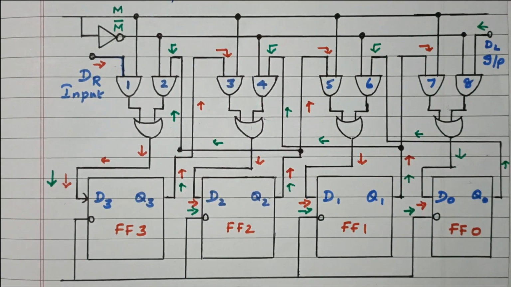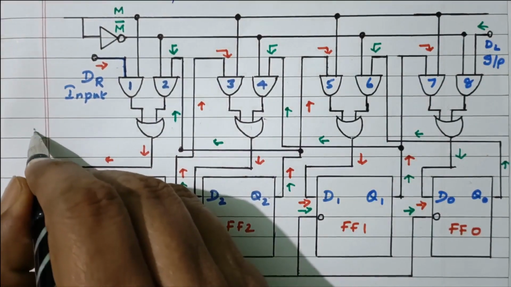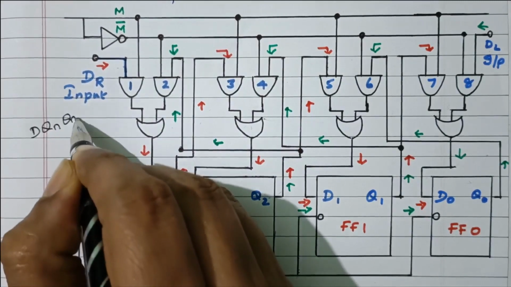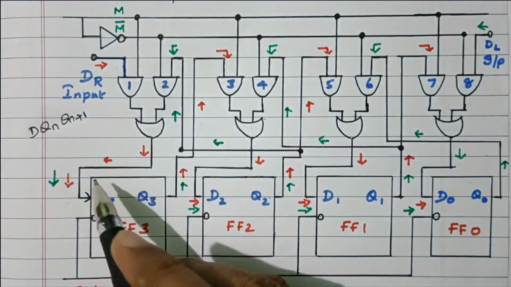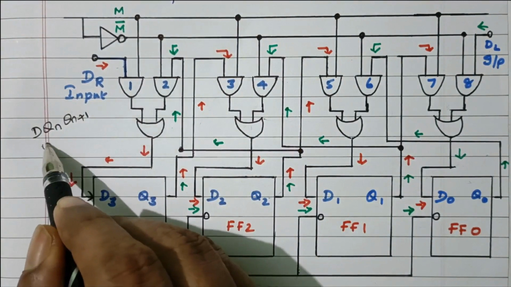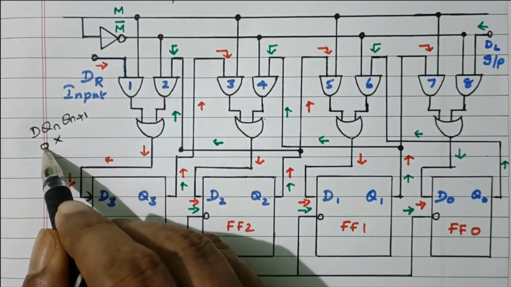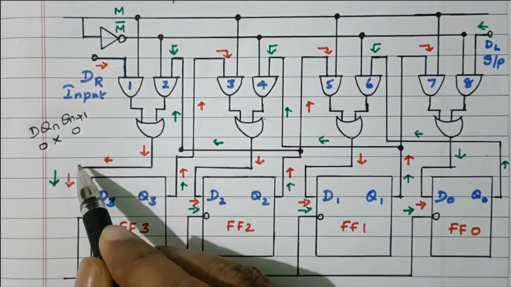What is the nature of the D flip-flop? Why are we using the D flip-flop? In the D flip-flop, we know that the input is D, and the next state is Qn+1. Suppose D is 0, whatever may be the present state, the same 0 will be available as the next state.